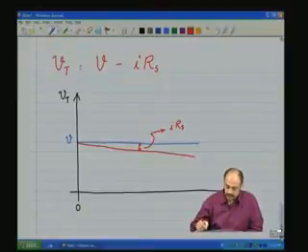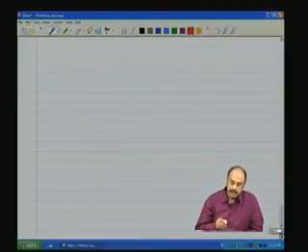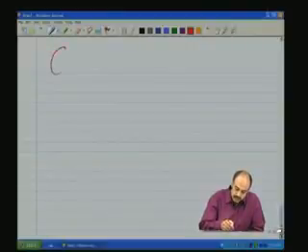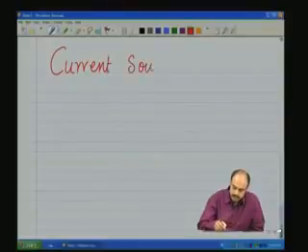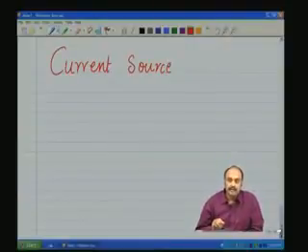Likewise, even in the case of a current source, there is an unideality that has to be introduced for practical current sources.